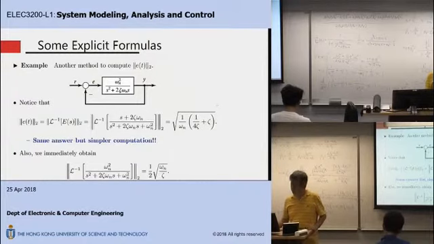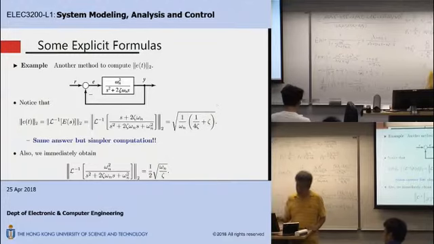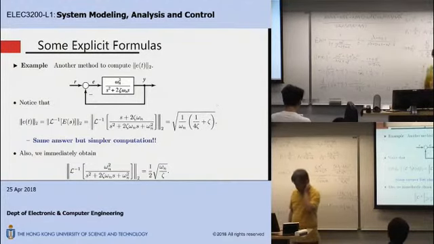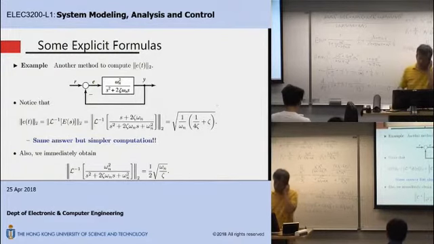For simple Laplace transforms, second order, first order, or third order, you can get some kind of formula. Later on, you can directly use those formulas in computation of two-norm. For higher order, you use a recursive computation.